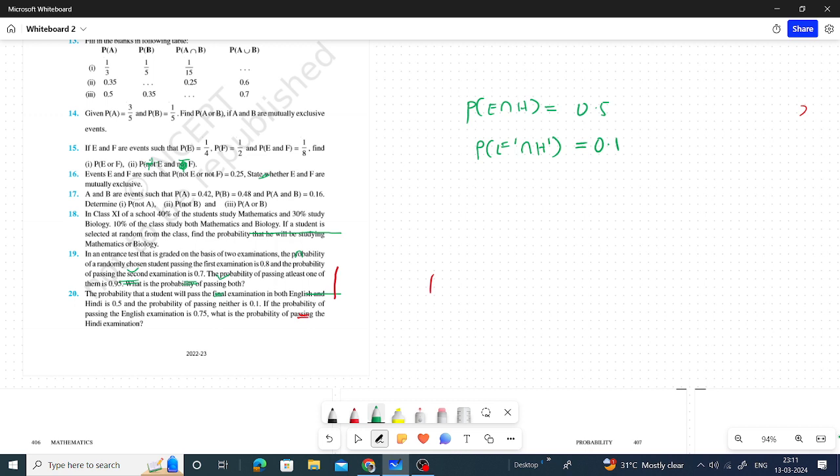If the probability of passing the English examination is 0.75, what is the probability of Hindi? This is what we have to find out.